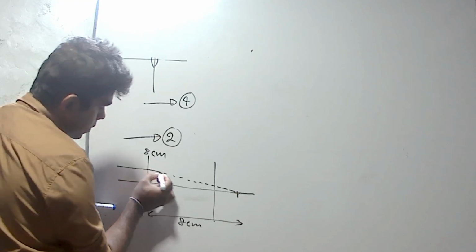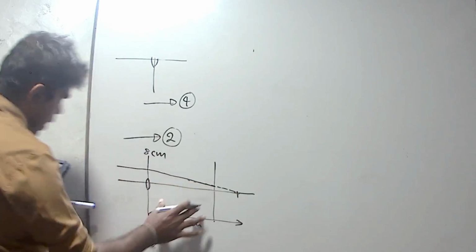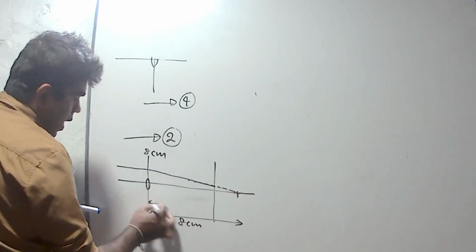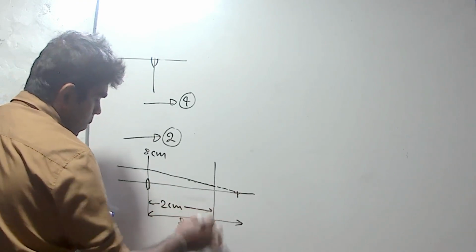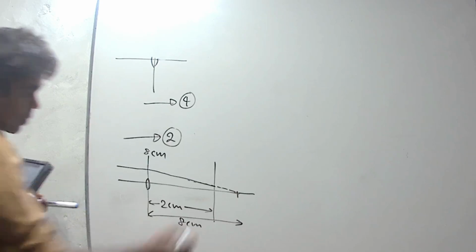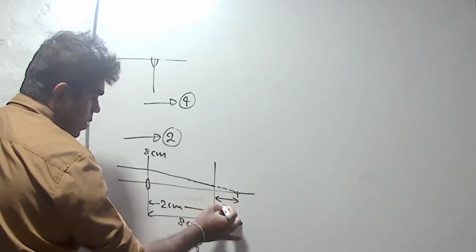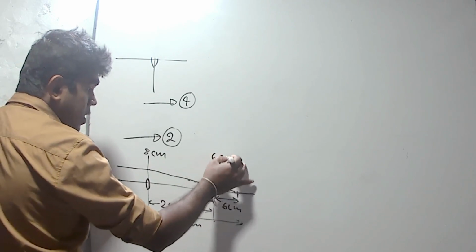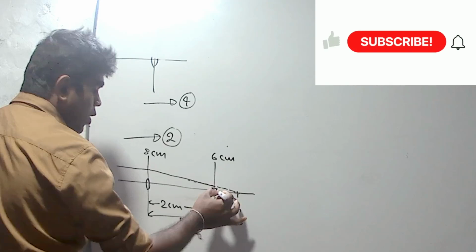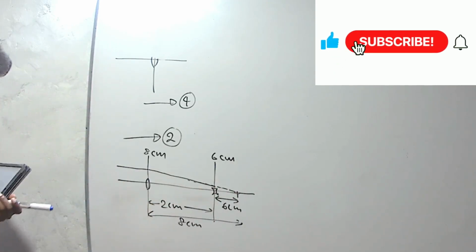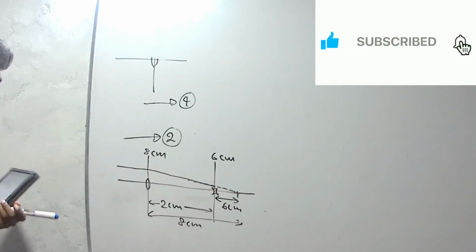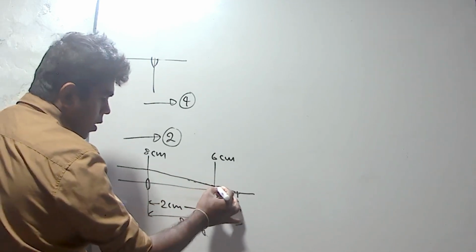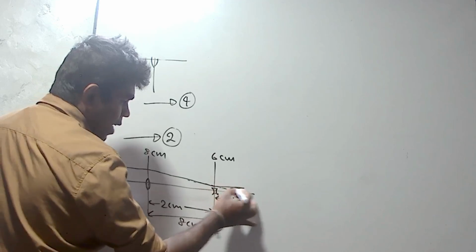But the gap between the two lenses is 2 centimeters. Therefore, this distance is 6 centimeters. It means 6 centimeters is the focal length of the second lens. Therefore, this ray is moving towards the focal point of the second lens, so it should be parallel to the main axis.